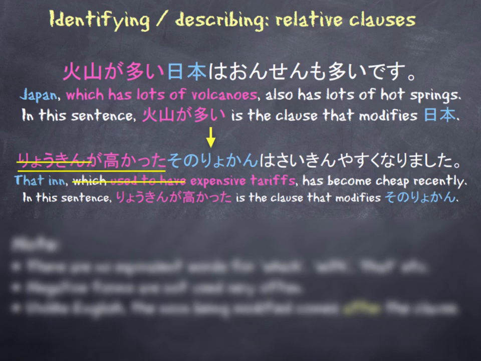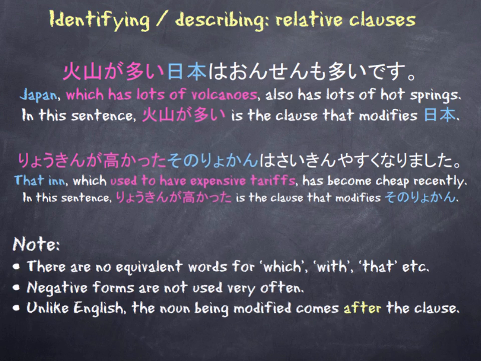So again, we could take that out of our sentence, which used to have expensive tariffs, and we are simply left with that inn has become cheap recently. But again, we want to be more descriptive about which inn, which hotel are we talking about? It's the one that used to have expensive tariffs.